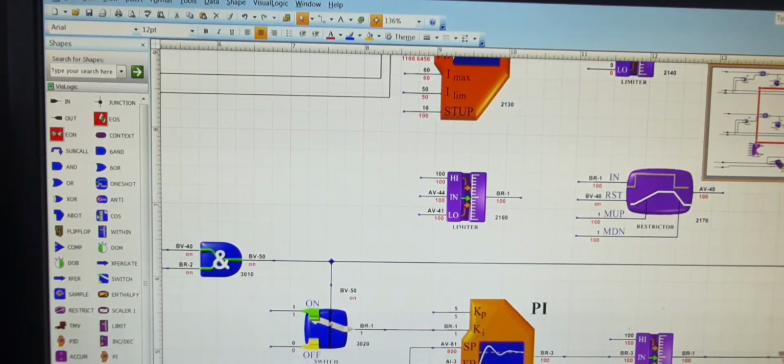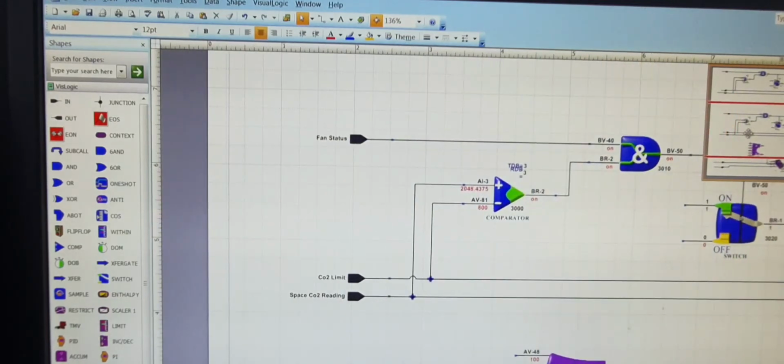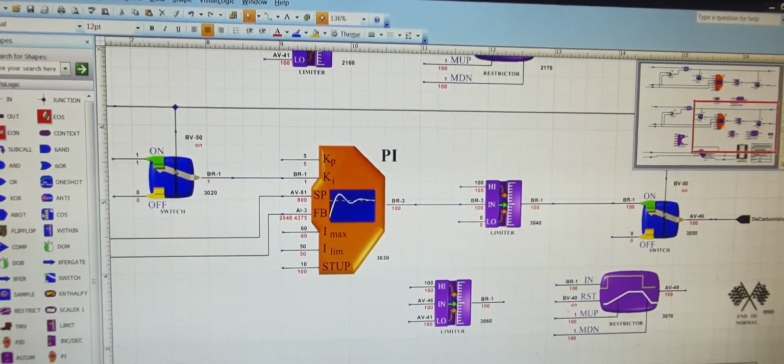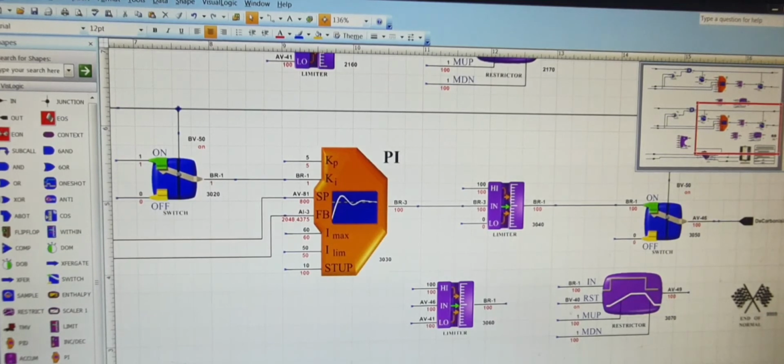Health and safety takes precedence, and it's important for us to maintain proper CO2 levels. So this is the program. Hope you've understood, because I've shown you the ASHRAE settings as well. So this is the CO2 program for maintaining proper CO2 levels and fresh air quality inside the spaces.